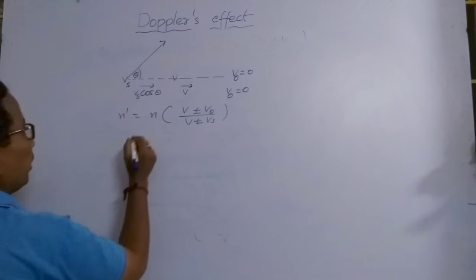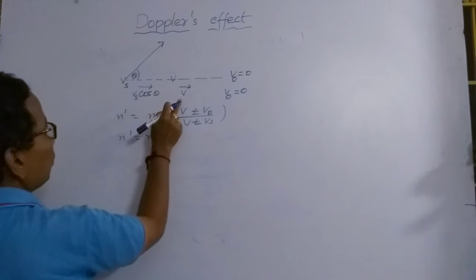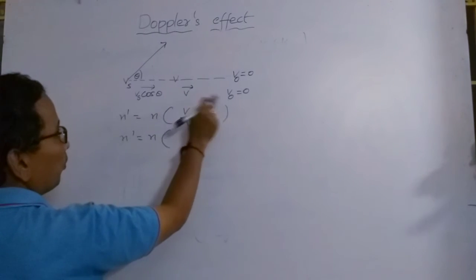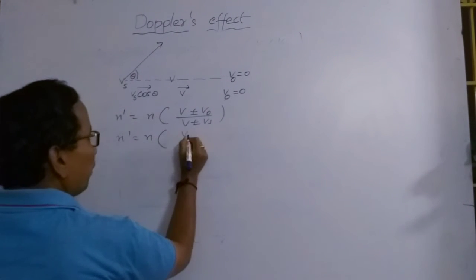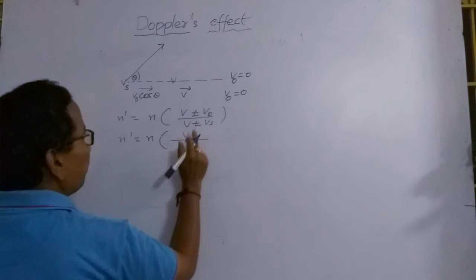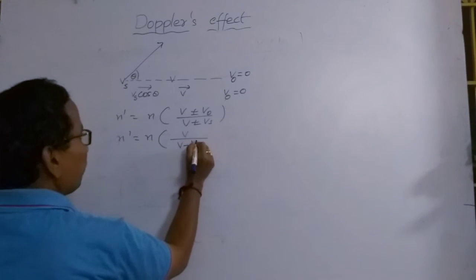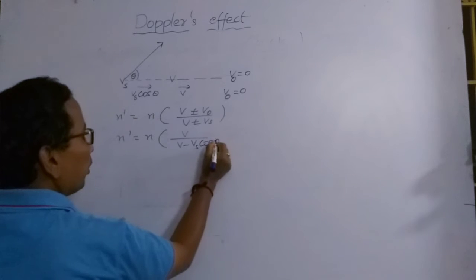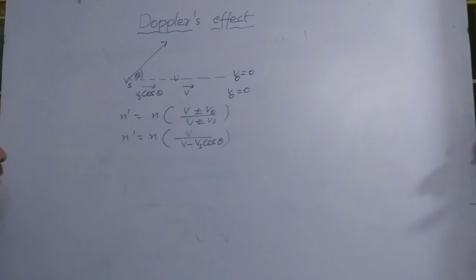Now here n dash is equal to n into, both of these are compared. First v naught is compared, then v plus or minus 0 means v, both are in the same direction, negative. That is (v minus vs cos theta). Okay.